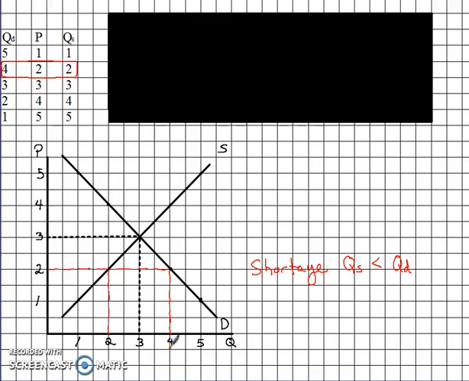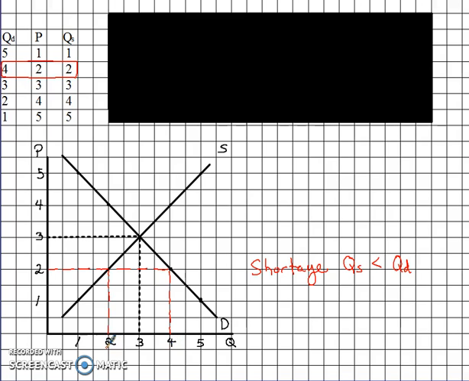The quantity supplied is less than the quantity demanded, or said the other way, the quantity demanded is greater than the quantity supplied. There's a shortage of the good from here to here. Consumers want more than what is available. Consumers want 4 units of the good, and there's only 2 units of the good available.